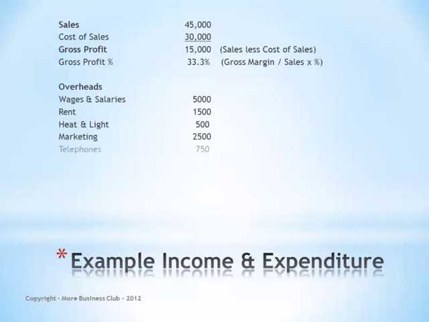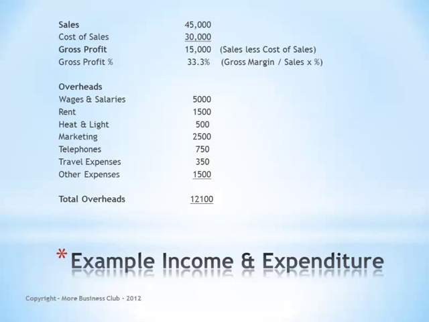So now we have overheads, and the thing to note about overheads in your income and expenditure statement is that this is the monthly cost of each of these items. That's not the same as the cash that you've paid out for those items. Take an example of rent. In this month we're saying that the rent cost for the business is £1,500, and that will be your monthly rental, but you may only pay the rent every 3 months.